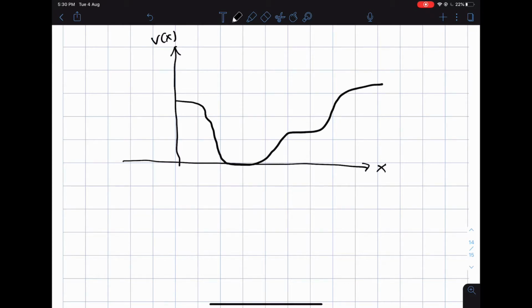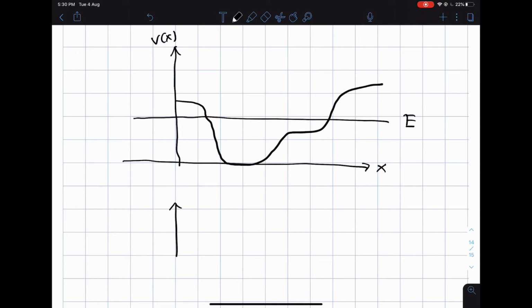And we are interested in some energy which is less than the highest value of the potential. So energy is roughly something like this. For such a potential, we can approximate it by a more step-like potential.